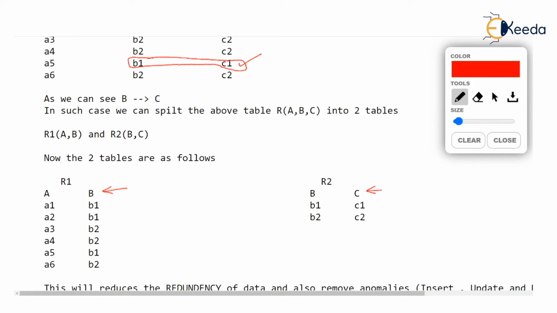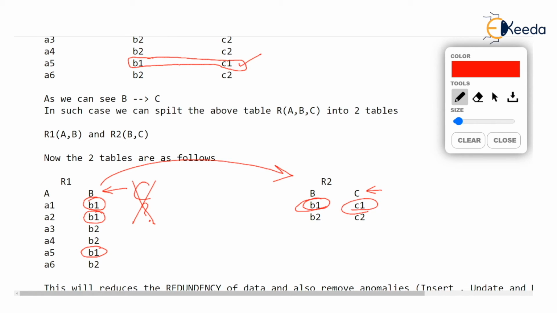Now watch the values of B, wherever the value of B is B1. You would like to know what is the value of C, isn't it? But you lost C from this table. You don't have C anymore in R1, but we can easily consult the other table. In the other table, we can see for the value of B as B1, the value of C is C1.